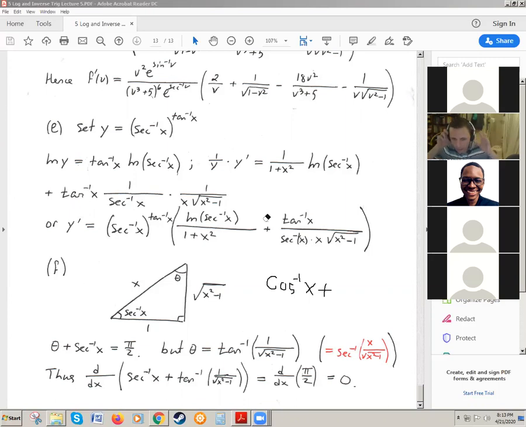So what about cosine inverse x plus sine inverse x? Let's see what we would say.